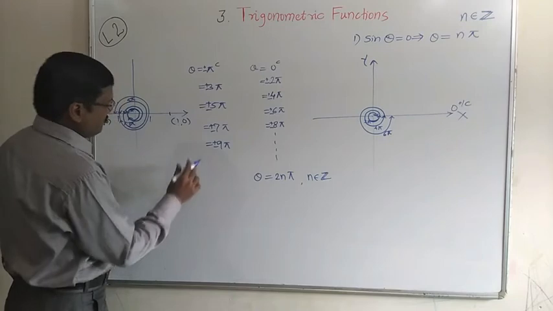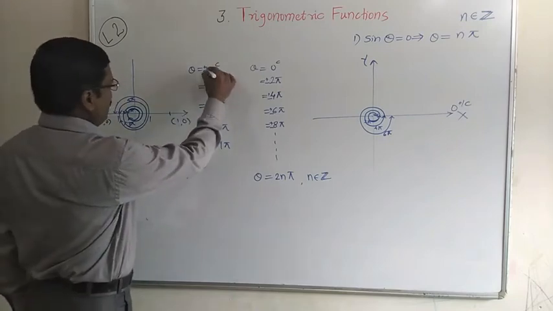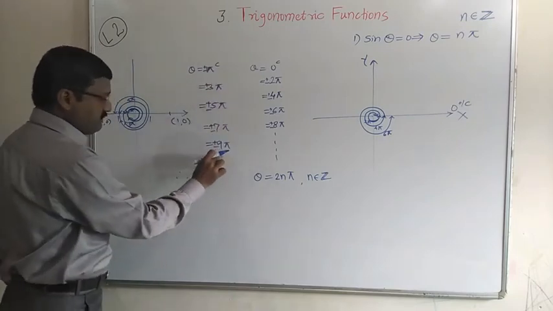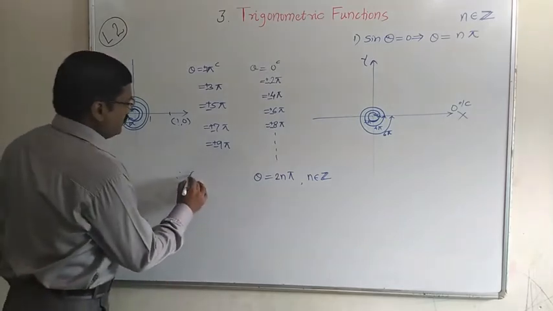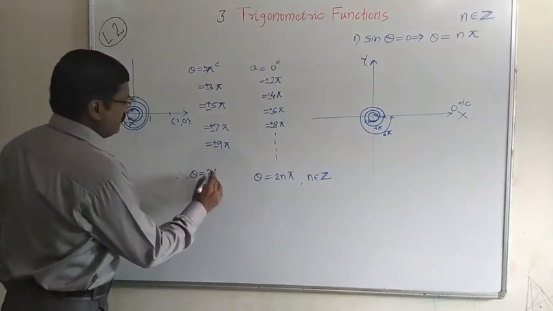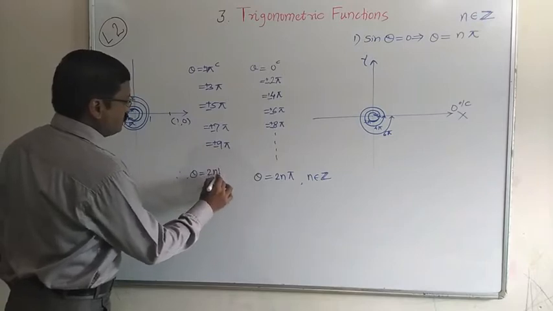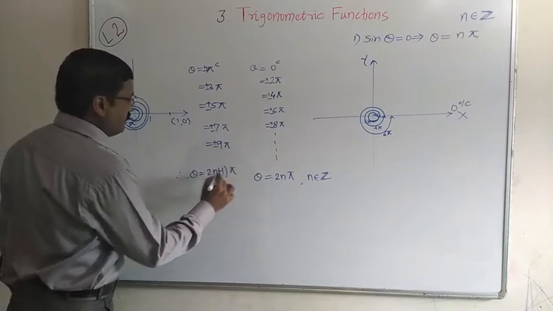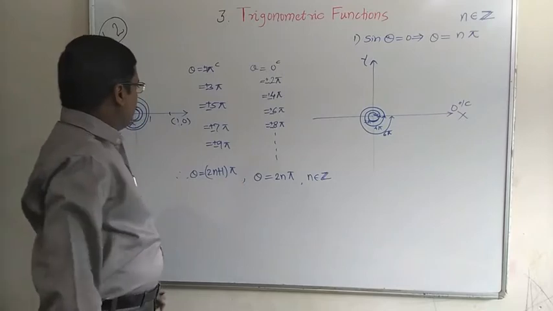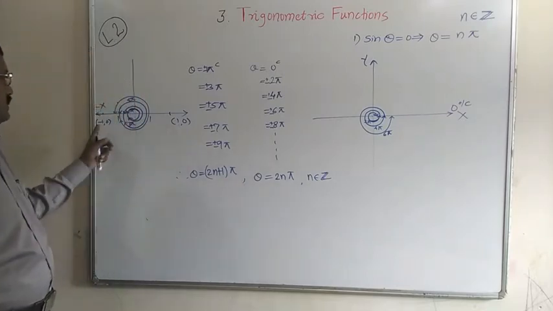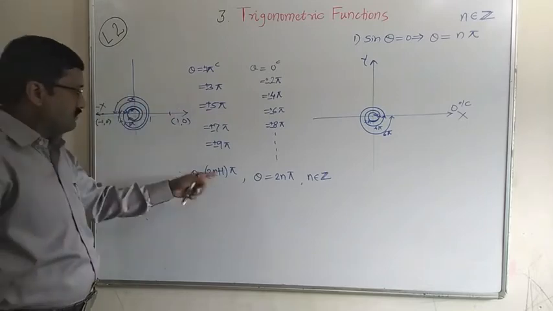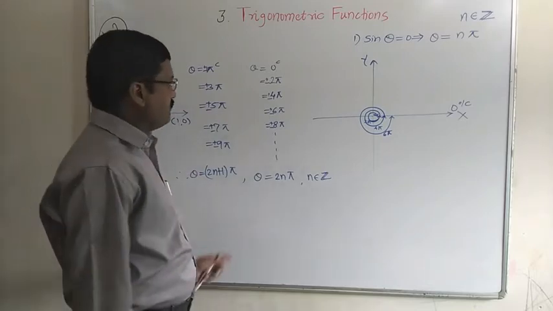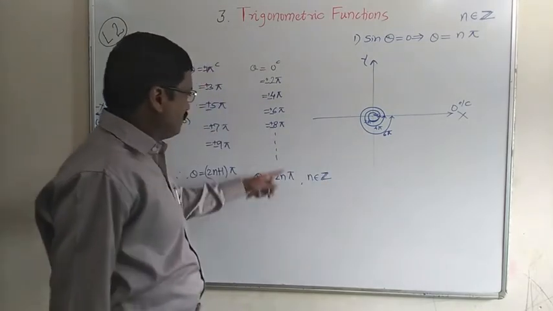So here we are observing that this is 1 pi, 3 pi, 5 pi, 7 pi, 9 pi, these are all odd numbers. So here theta is equal to odd numbers, that is (2n plus 1) into pi. So if we start with pi, then we get these odd multiples of pi, and if we start with 0, we get even multiples of pi.